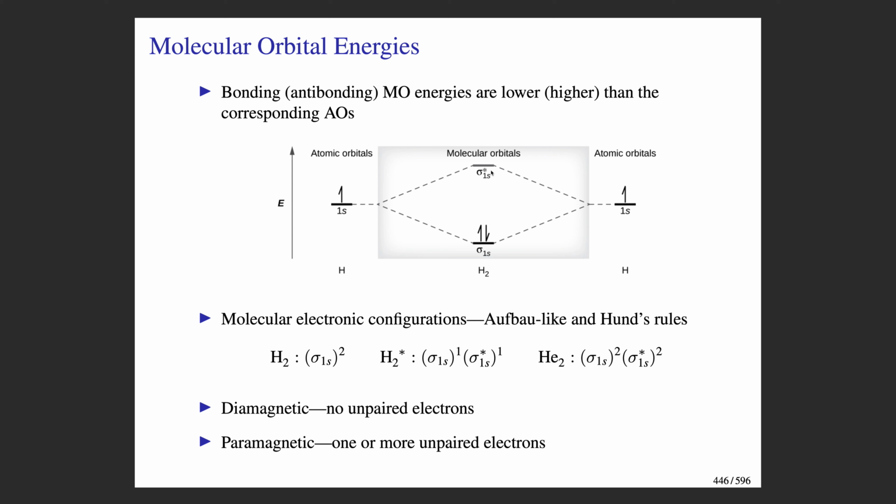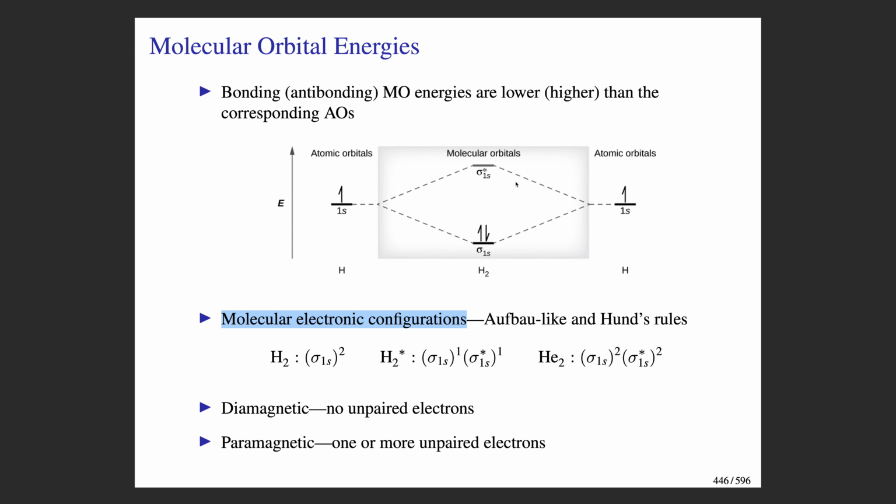And this will allow us to construct a molecular electronic configuration. We worked with electron configurations for atoms previously. Now what we're going to be working with are electron configurations for molecules. And we use a Hund's rules type of approach. Probably Aufbau is not the correct thing to say, but Hund's rule is the correct way to say it.